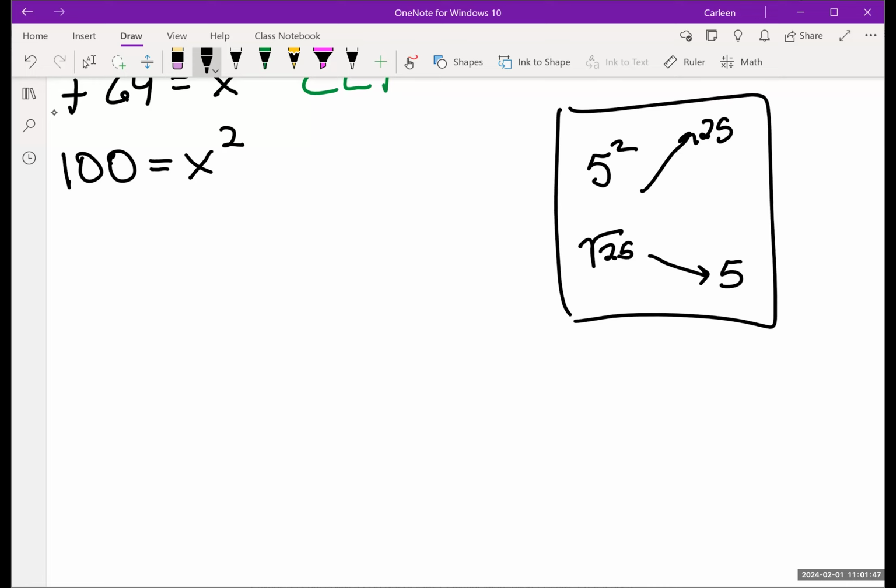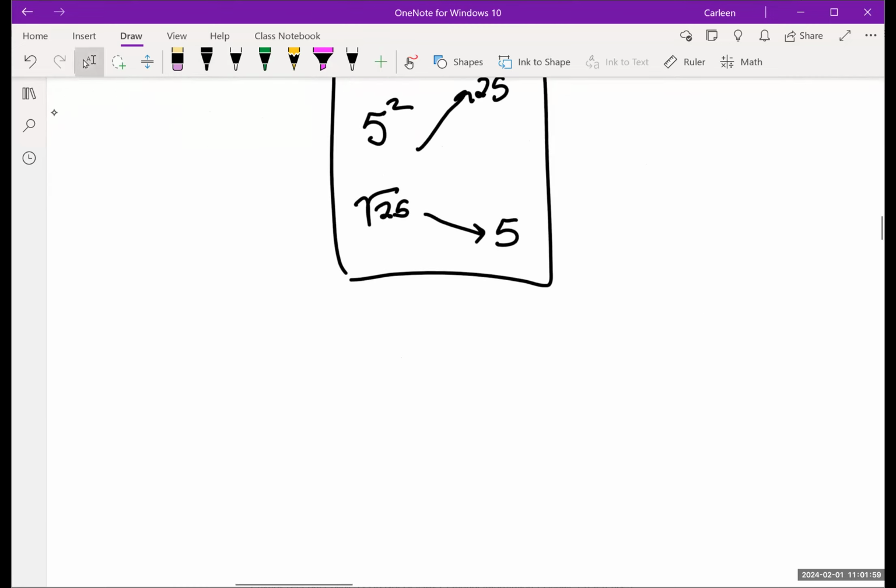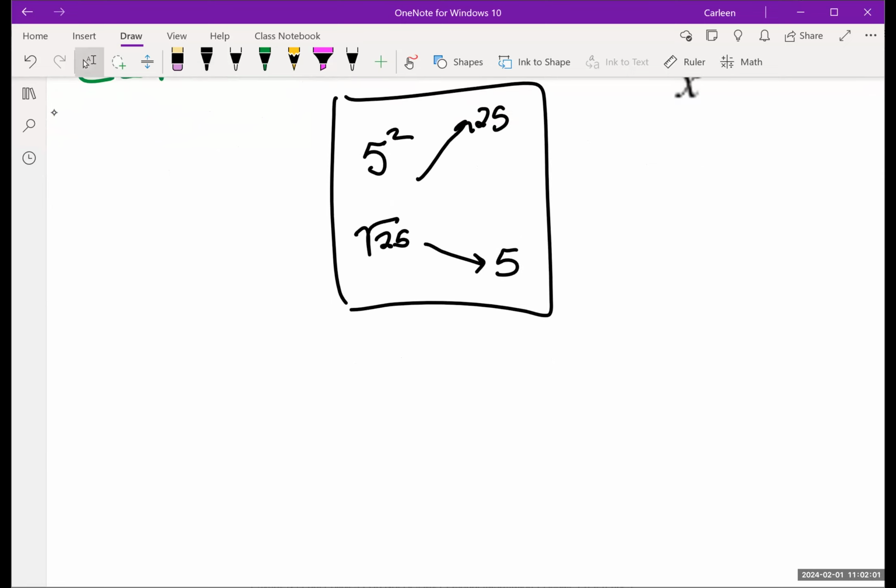Okay, what do you notice about squared and square root? I haven't necessarily given you a word to describe this, but what do you notice about squared and square root? 5 squared goes up to 25.